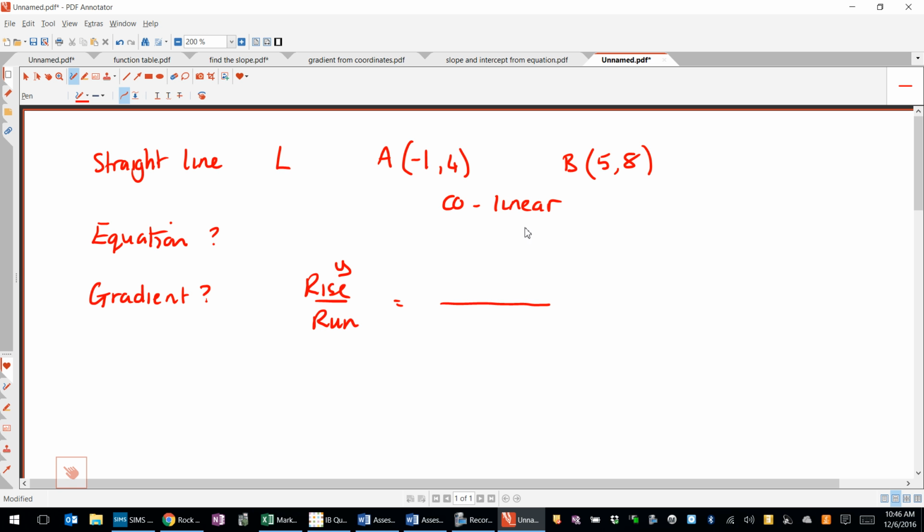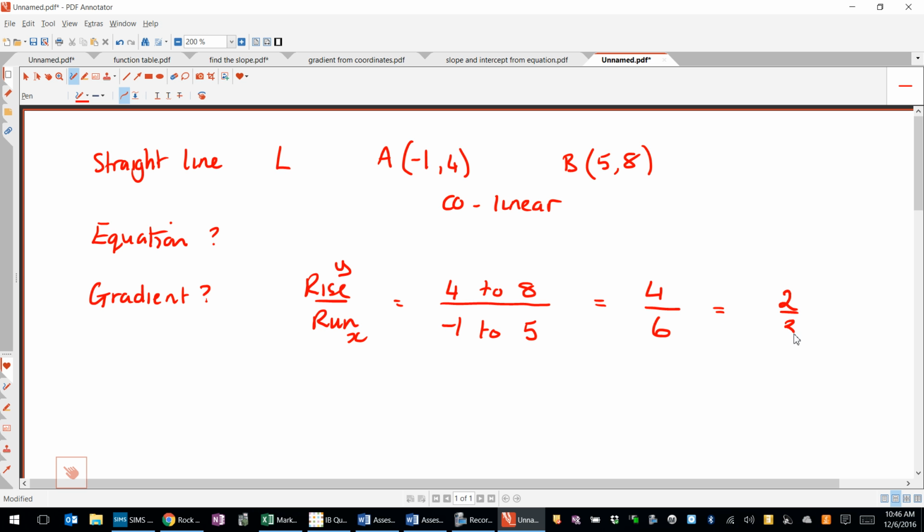Okay, 4 to 8. And the x values are the runs, so 1 to 5. So 4 to 8 would be a rise of 4. And the run would be 4. Okay? Which would be 1 over 1.